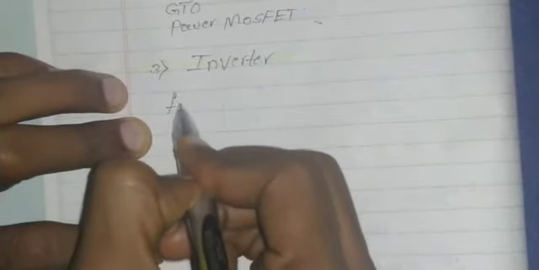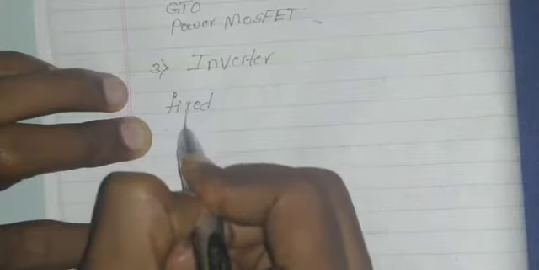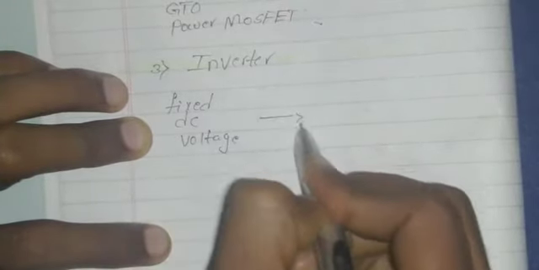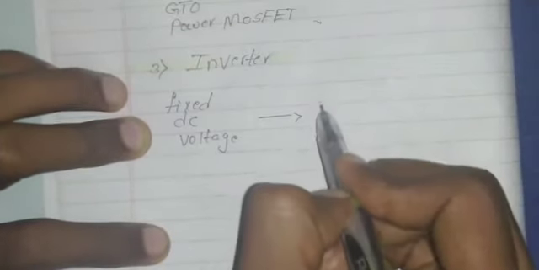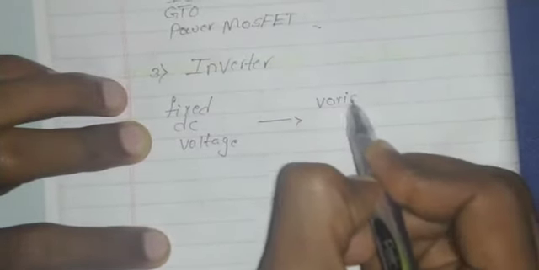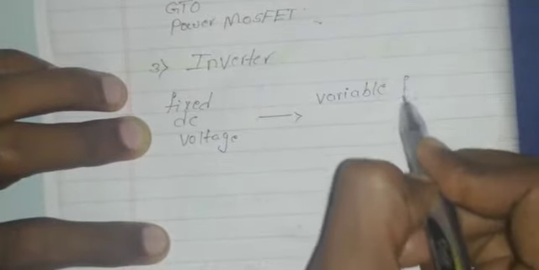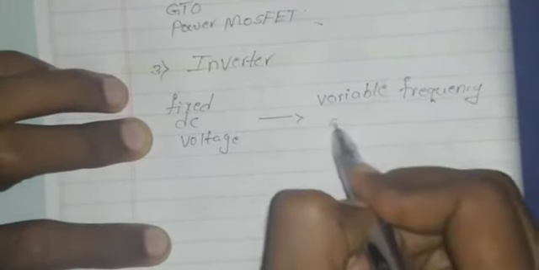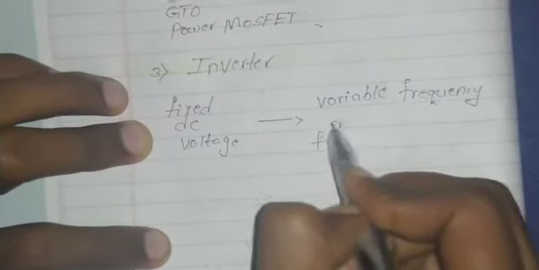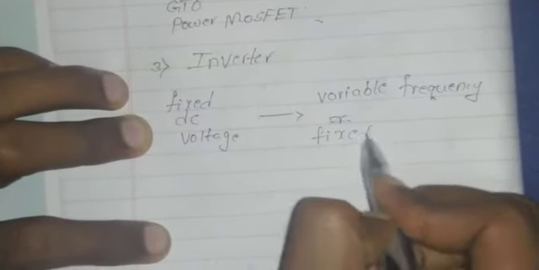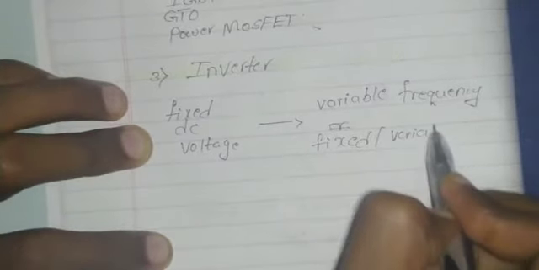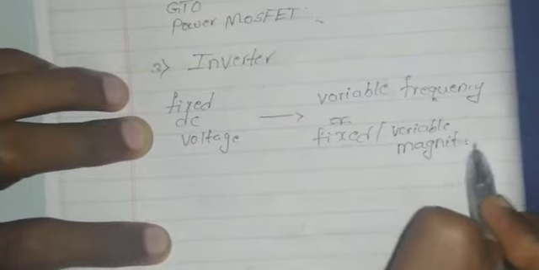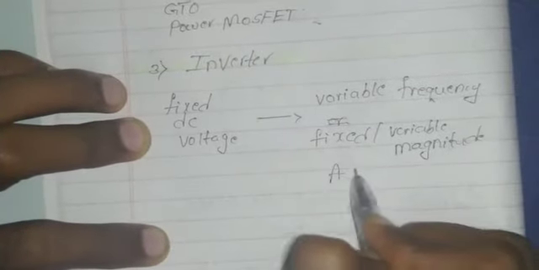That means fixed DC voltage to variable frequency and fixed or variable magnitude AC voltage.